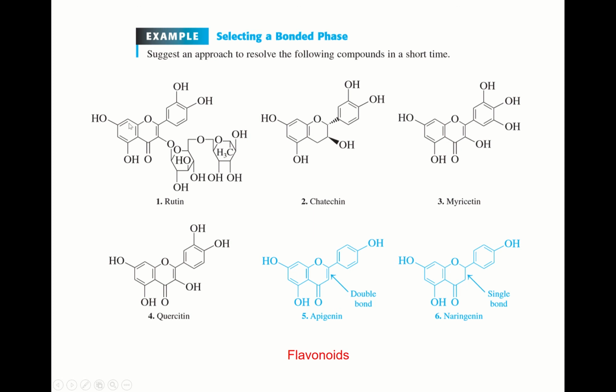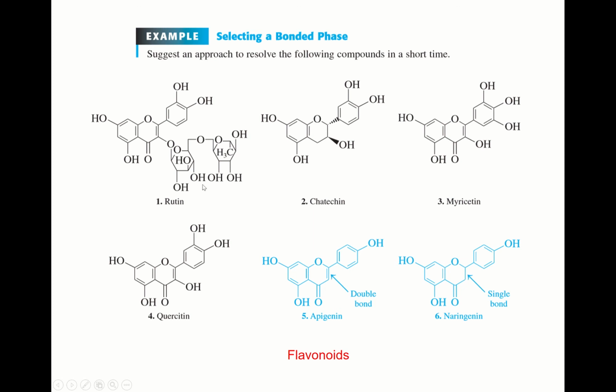So this structure is called a flavonoid. The differences may be in this part and this part. Here is a double bond, and this one is a single bond. Here is a hydroxy group, but no hydroxy group here.